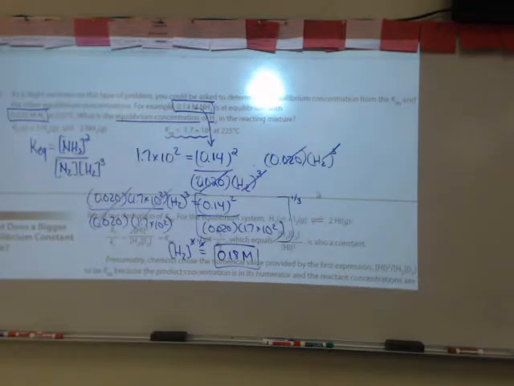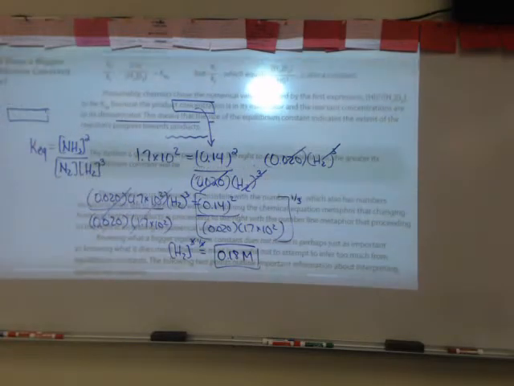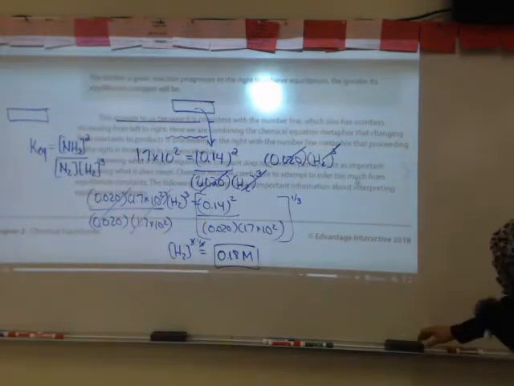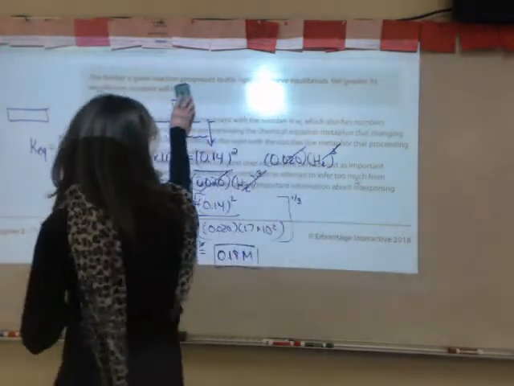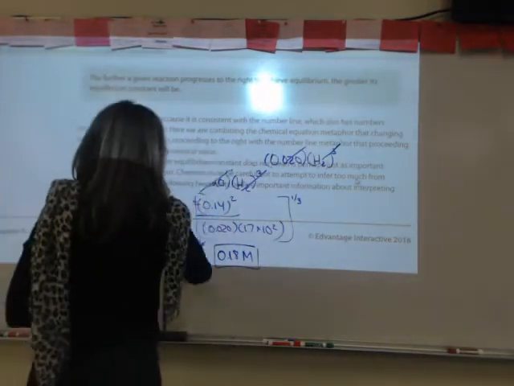Now, the size of the equilibrium constant is telling you the extent of the reaction's progress towards products. And the further a reaction progresses to the right to achieve equilibrium, the greater your equilibrium constant will be.